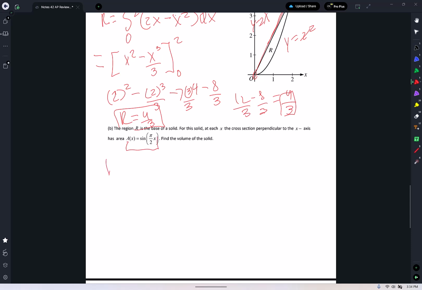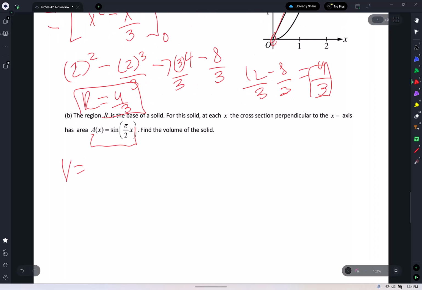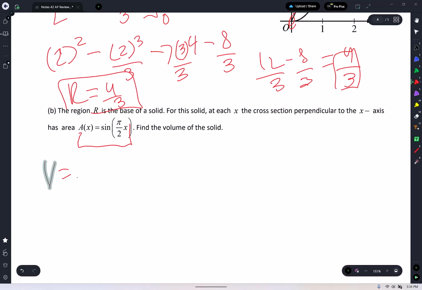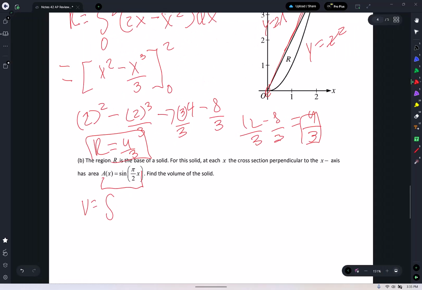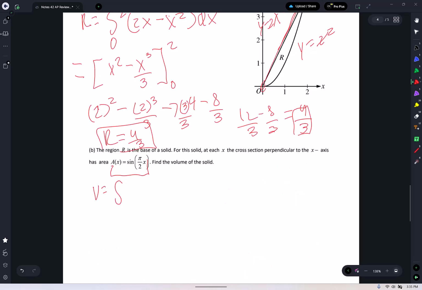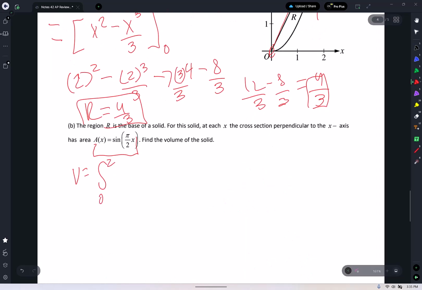We're just going to do volume equals an integral. We're going to go from 0 to 2 because we went from 0 to 2 over here. Same thing, 0 to 2. We're going to go sine of pi over 2 of x dx.